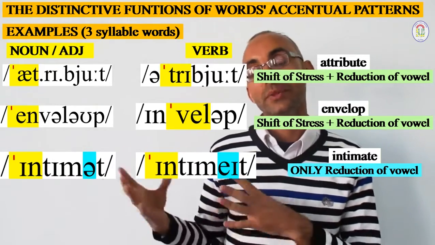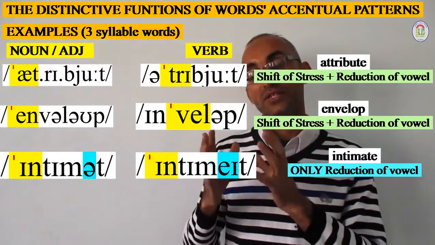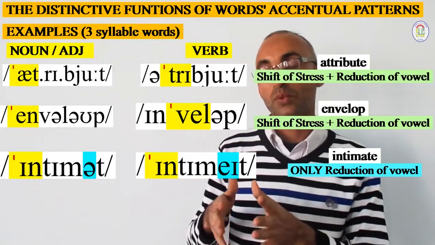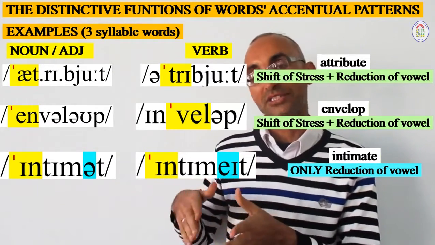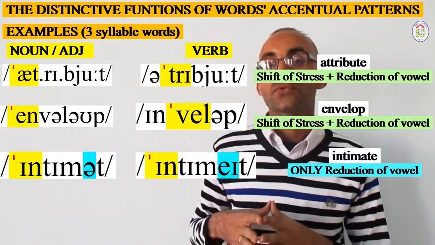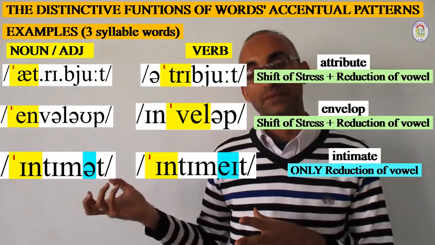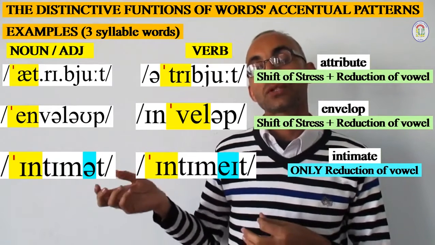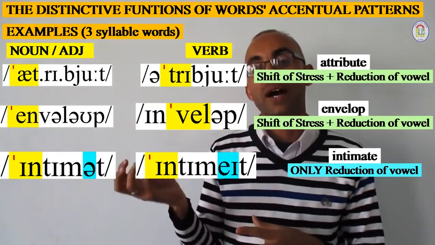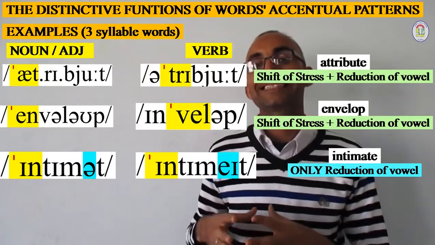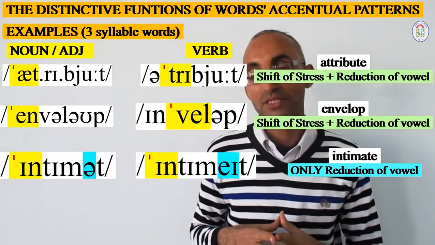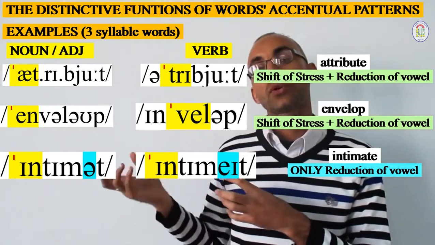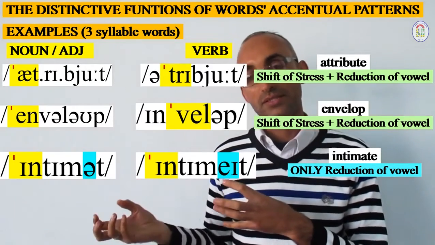So here, as you see, it's the opposite. Clear? Now here the stress position is the same on the first syllable, whether on the verb or on the adjective. But for the verb, I have the diphthong a, and in the adjective, the diphthong a turns into shva, reduced into shva to become an adjective. Here it is the opposite. Clear?